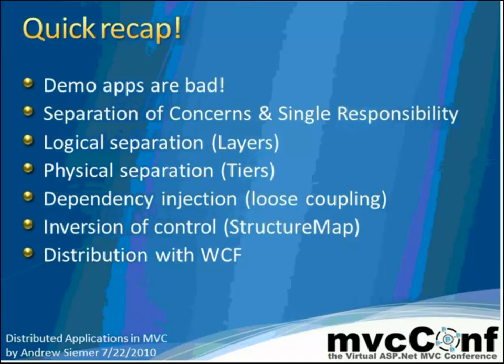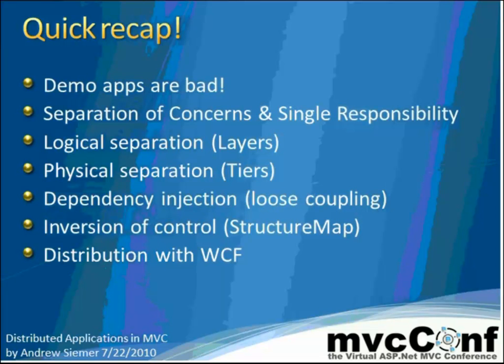Inversion of control, StructureMap in this case, is a container that is essentially a factory, if you will. You can request an instance from the factory. Based on the configuration of that factory, you will get a concrete type back. However, because we're injecting that concrete type, our application never needs to know what it actually is. It just knows that it has a certain set of functionality as described by the interface.